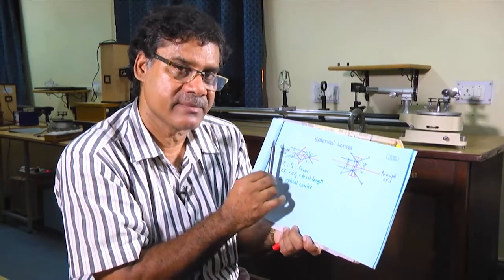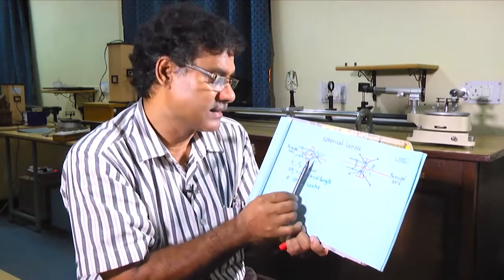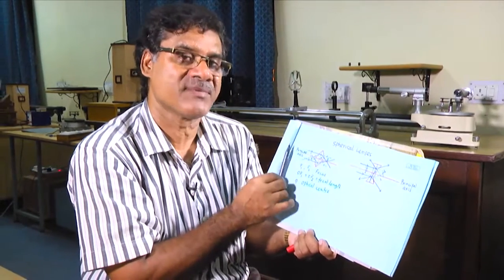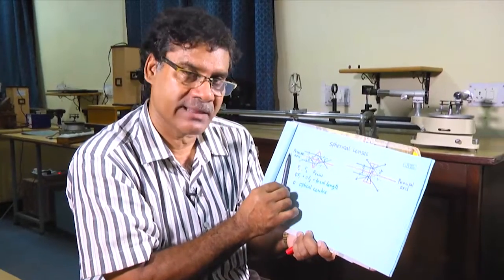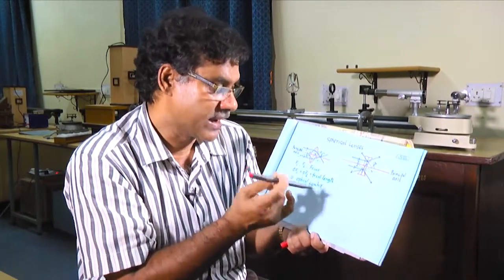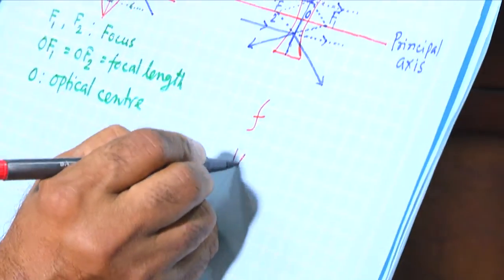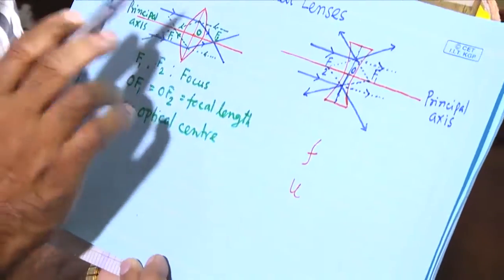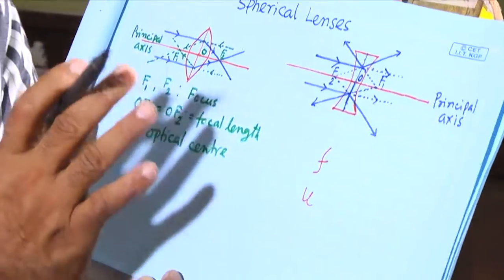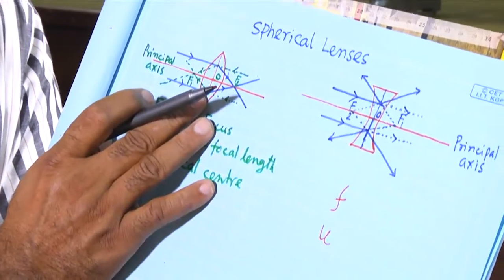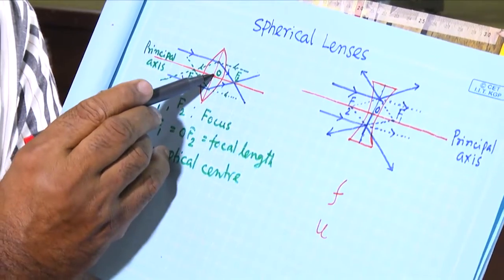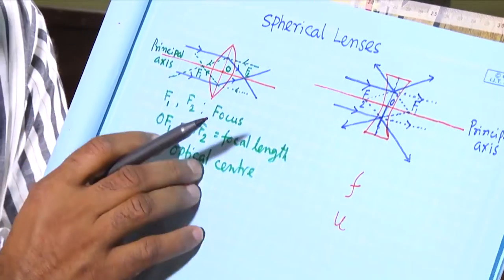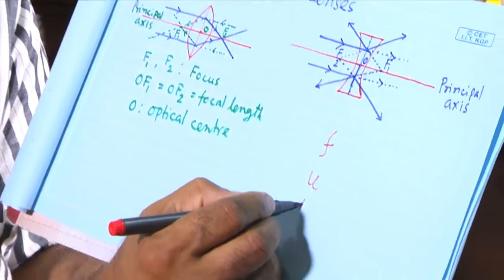The second is where I put the object, the object distance, which we express by u. Then the distance of the image from the pole in case of a mirror, or from the optical center of the lens, we express as v.